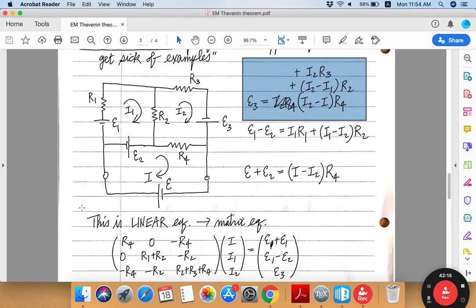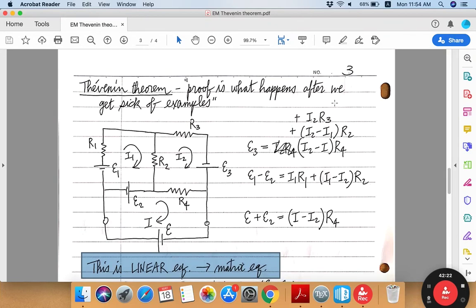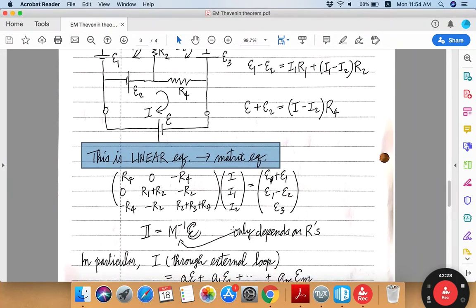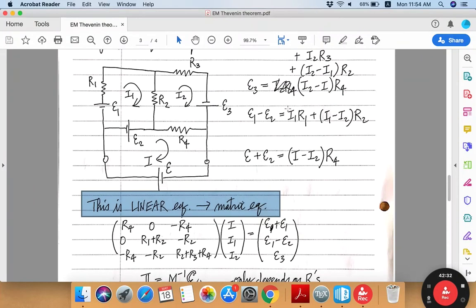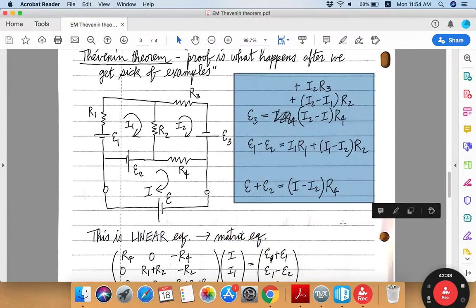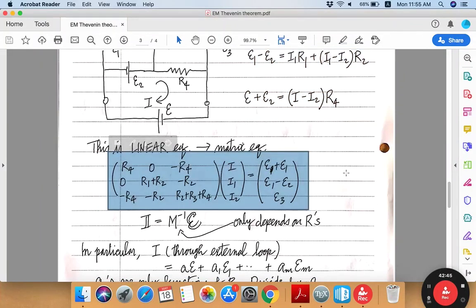Because this is a linear equation, it means that we can cast these equations as a matrix equation. And you can easily show that these 3 separate equations can be cast as a single matrix equation, like this.